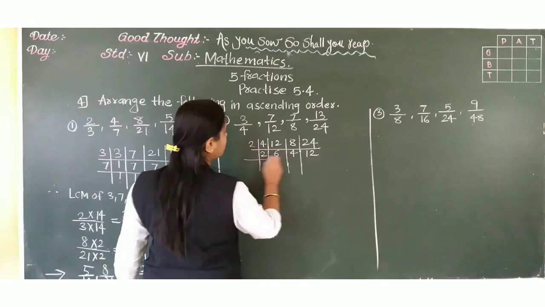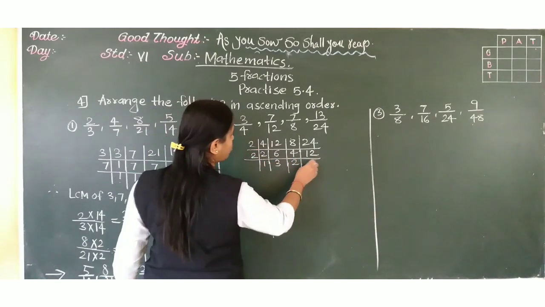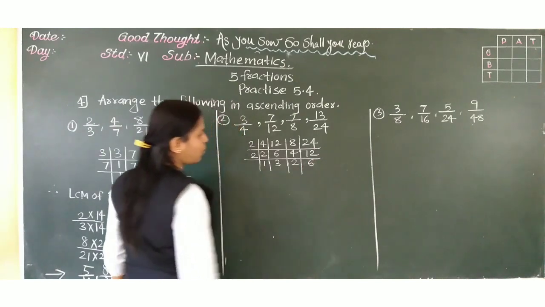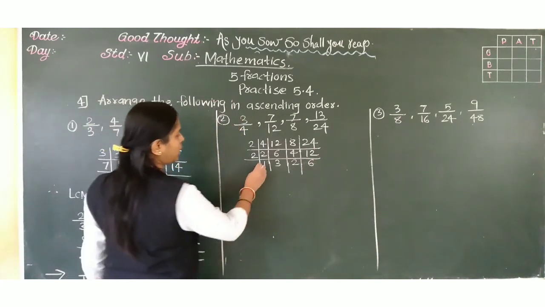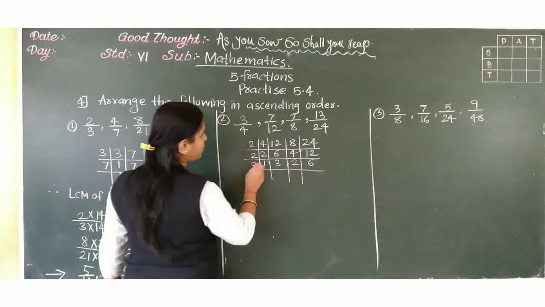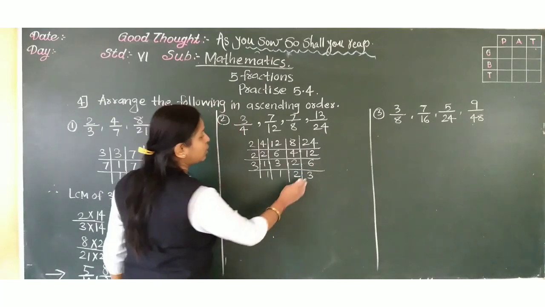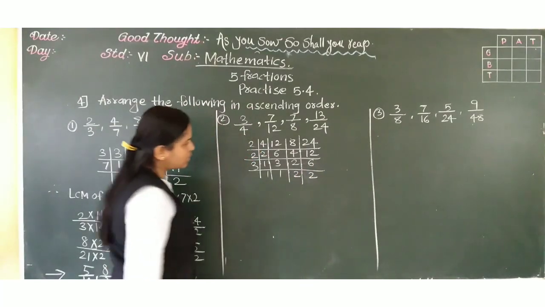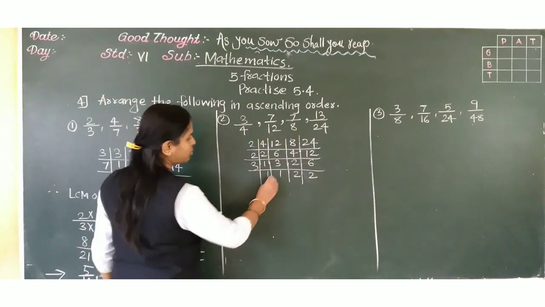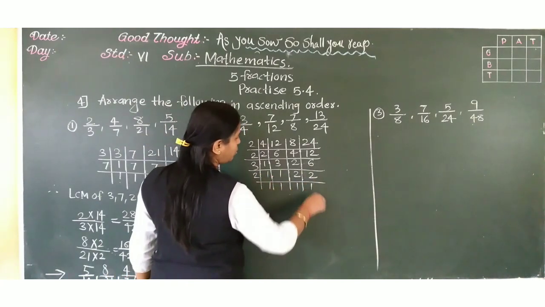Again divided by 2. 2 ones are 2, 2 threes are 6, 2 twos are 4, 2 sixes are 12. Correct? Now divided by 3. 3 ones are 3, 2 as it is, 2, 3 twos are 6. Now divided by 2. 1, 1, 2 ones are 2, 2.